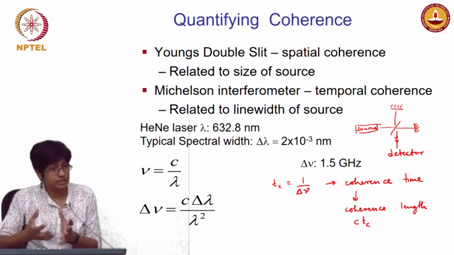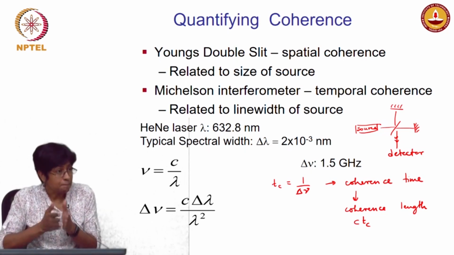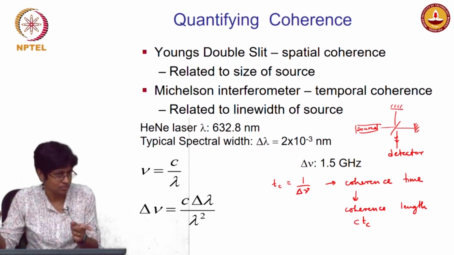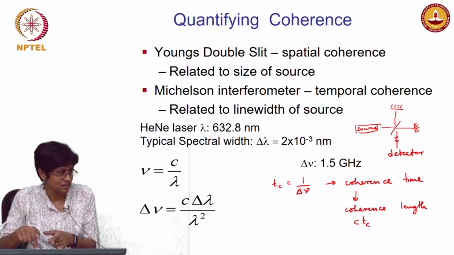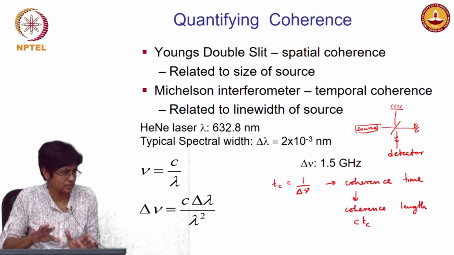In the case of the interferometer, that tells me if the path length difference between these two arms exceeds this length, I will not see interference. Does that make sense?